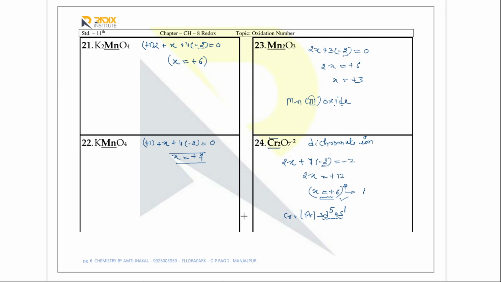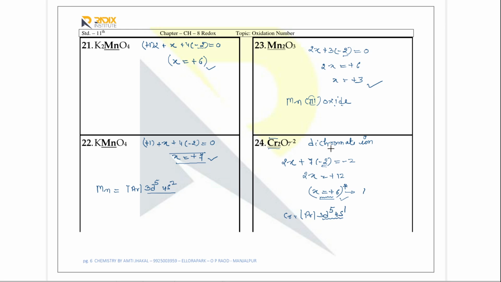So this is acceptable. Manganese's electronic configuration is argon 3d5 4s2. There are 7 electrons, and the oxidation numbers coming are +7, +6, +3. That means all these calculations are accepted.